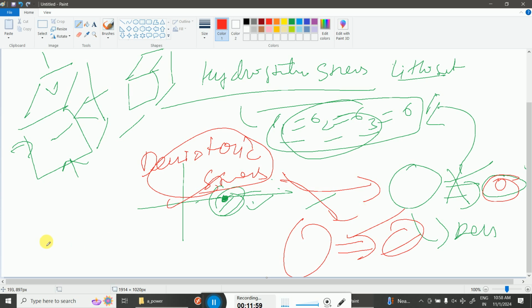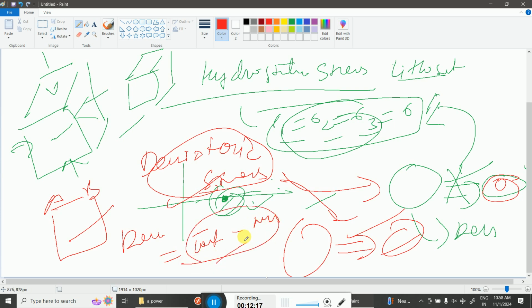Suppose a plane is AB, and we want to calculate the deviatoric stress. The deviatoric stress is the total stress minus the mean stress.